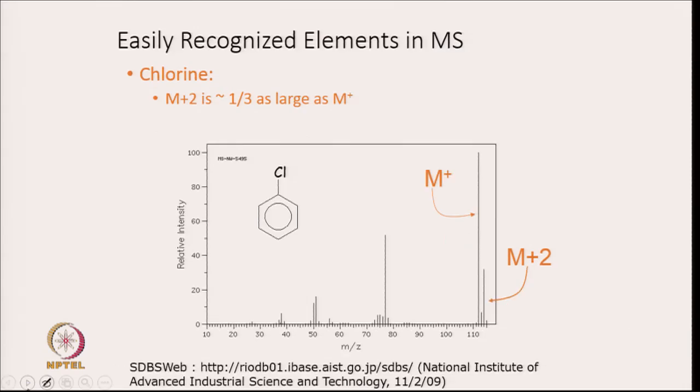Similarly, if the molecule has a chlorine atom, then M plus 2 is one third as large as the M plus ion. So, you can see here M plus 2 is one third of the M plus ion, and that can tell you that a chloro group is present.